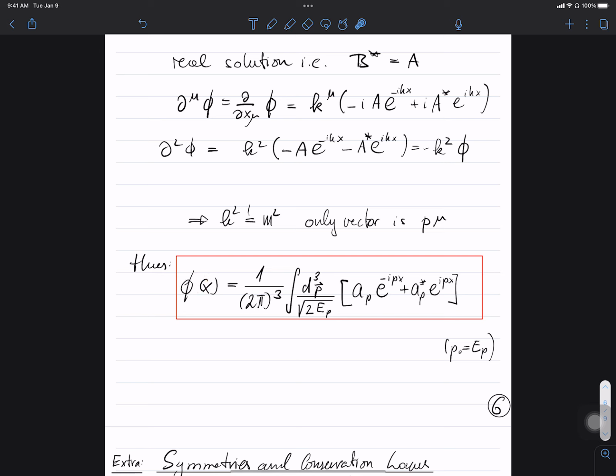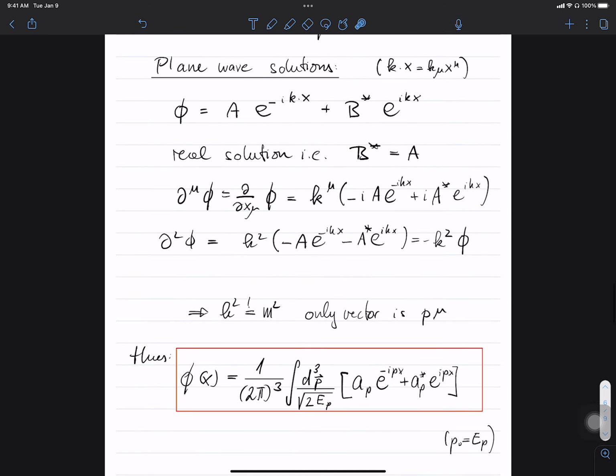Here, this factor of 1 divided by the square root of 2 E_p, where E_p is the energy of the particle with momentum p, is introduced for later convenience, and we will also discuss why that is good. But for now, the important thing is that we have essentially the decomposition of the general solution by summing up all possible special solutions that we found by this ansatz.